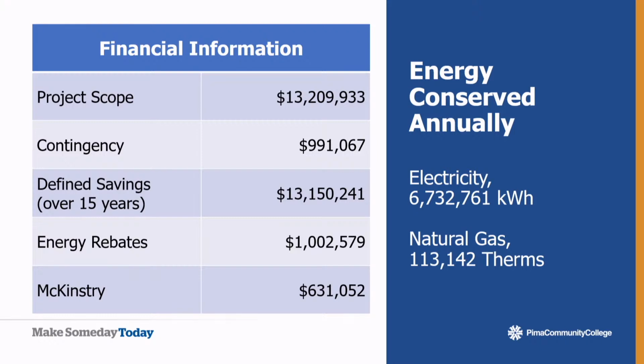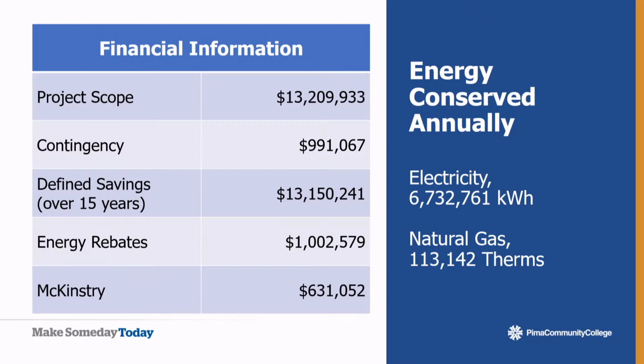So what was established in the contract was that Trane has provided a guaranteed energy savings of $13,150,241, and that's based on a 15-year cumulative amount. So the breakdown of that on the annual would be $760,419 for the first year, and basically the increase would be at about 2% annual based on projected increase of utilities.